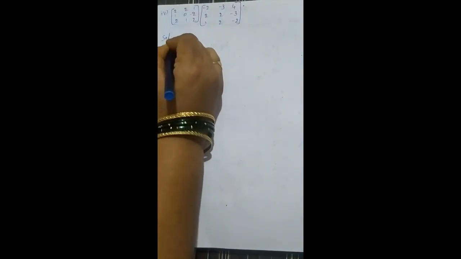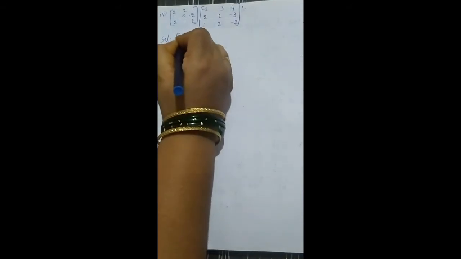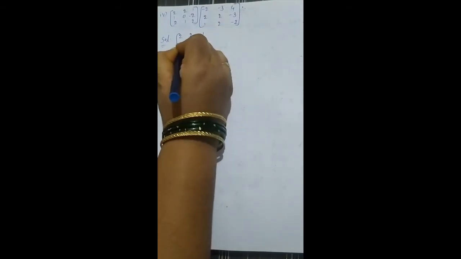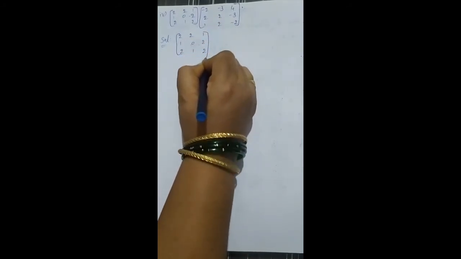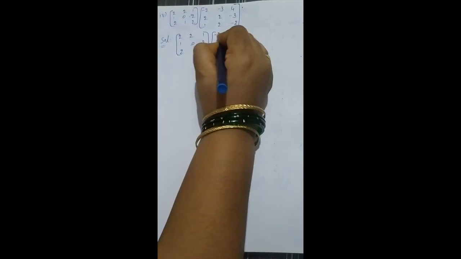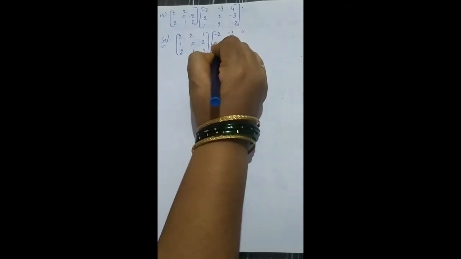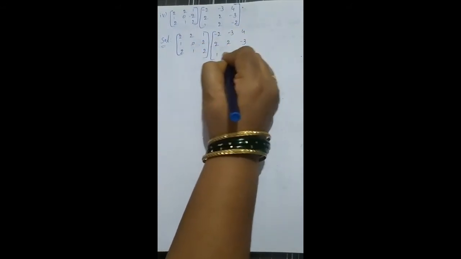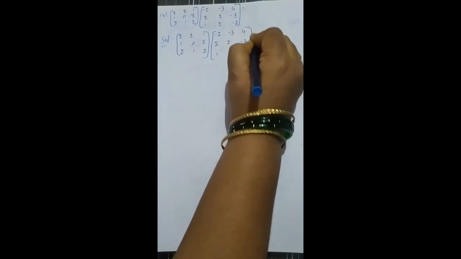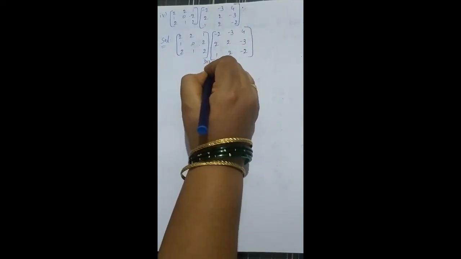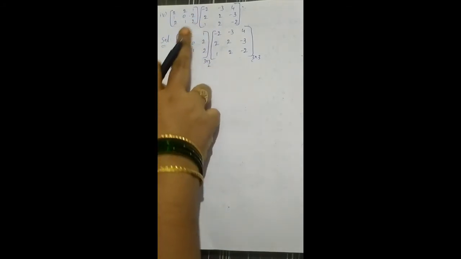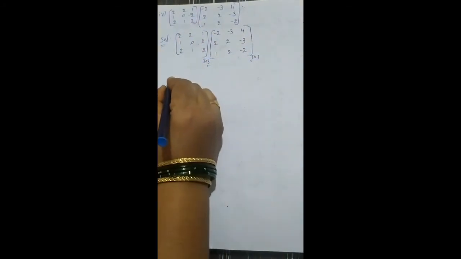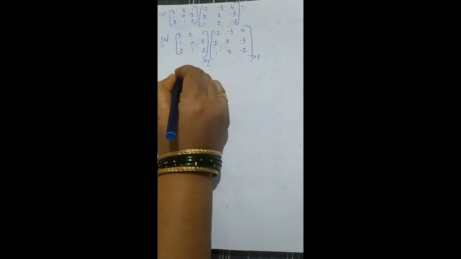Then find out the solution. The given matrices 2, 2, 1, 1, 0, 2, 2, 1, 2, and the second matrix minus 2, minus 3, 4, 2, 2, minus 3, 1, 2, minus 2. The order is 3 by 3 and 3 by 3. Number of columns and number of rows are equal, so the product is possible.